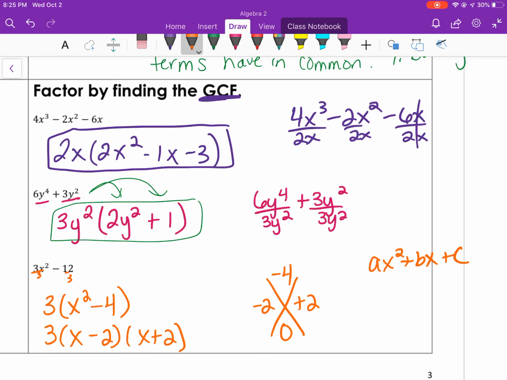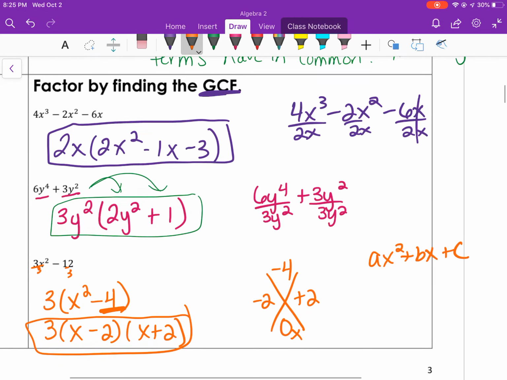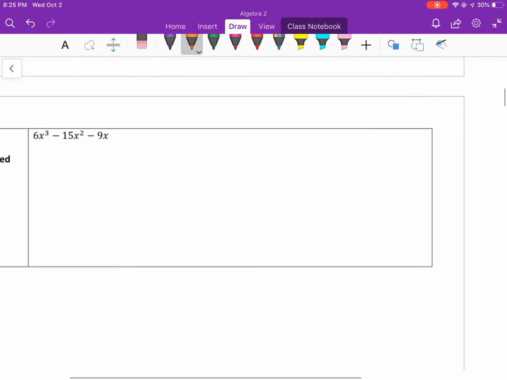Because in the middle, you would get that 0x, and it would multiply to negative 4. So that's actually called difference of squares. We're going to look at special patterns tomorrow, but that is one thing to notice. If you have a perfect square and you're subtracting, you can factor it further.